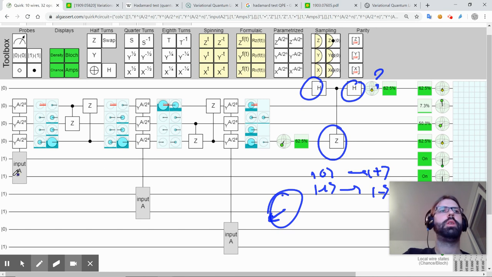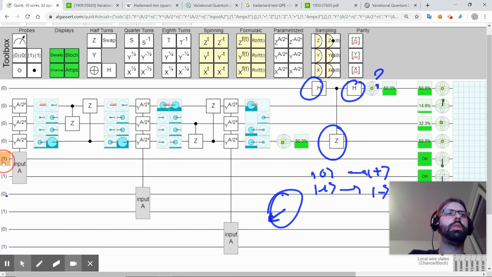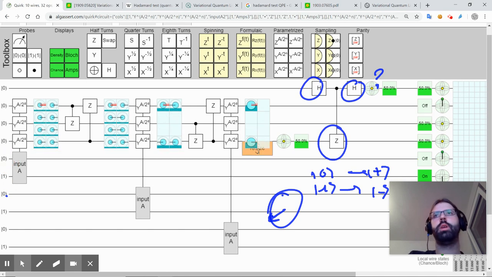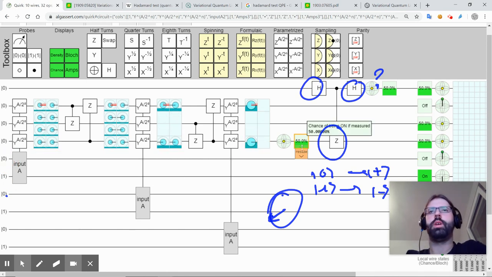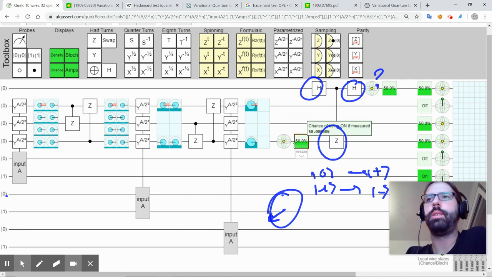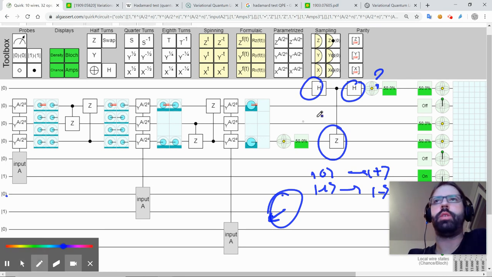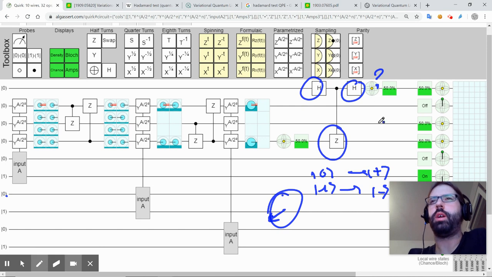If I keep this being like 0, that's where we were, right? Now I don't know if it's in the plus state because that's totally entangled, but let's assume that's the case. When I measure this guy over here, how many times will I measure 0, how many times 1? It's basically similar to what I'll measure here, right?